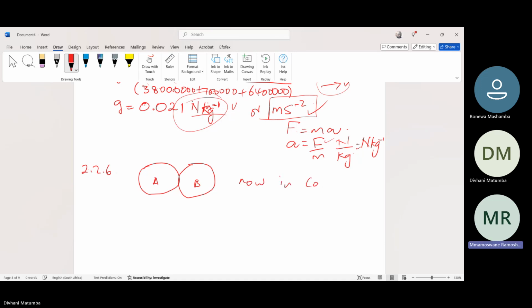Will it not be the radius of A plus the radius of B? Yes. Which is going to give us how much?